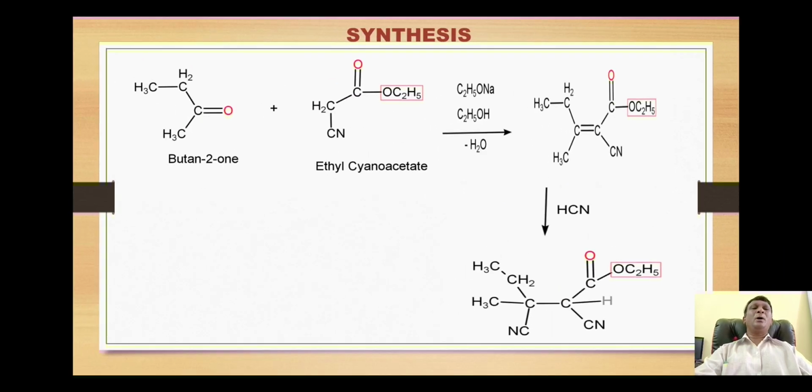So here we have attachment of hydrogen on alpha and attachment of cyanide on beta carbon. So thus we have formation of this dinitrile derivative.